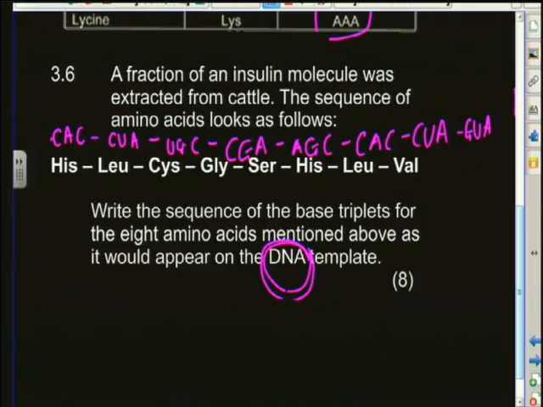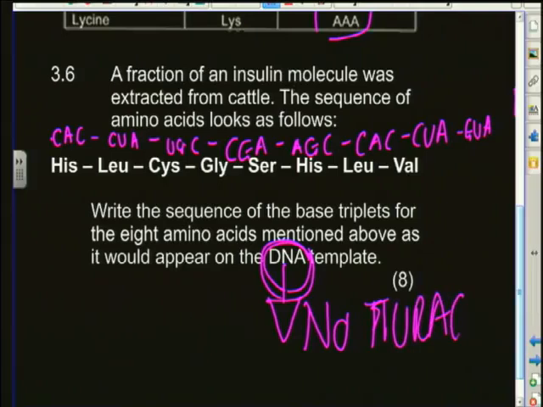As soon as I see DNA, you must think already, no uracil, no uracil. Okay, very important. I'm going to use a different color now. I'm going to use green. So let's start.